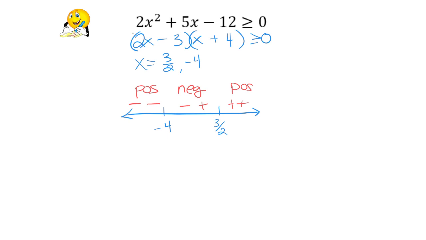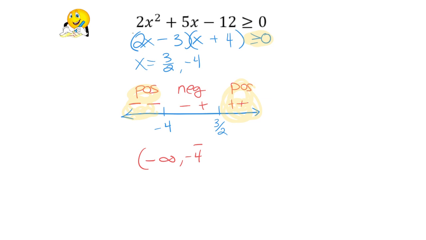Now this time, if you'll look, we are actually shooting for this to be greater than or equal to 0. So this time I want it to be positive. That's going to happen in this area, and it's going to happen in this area. So my solution is anything from negative infinity to negative 4.